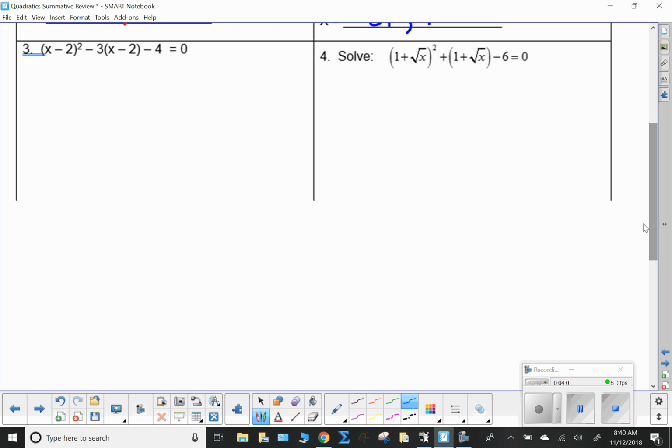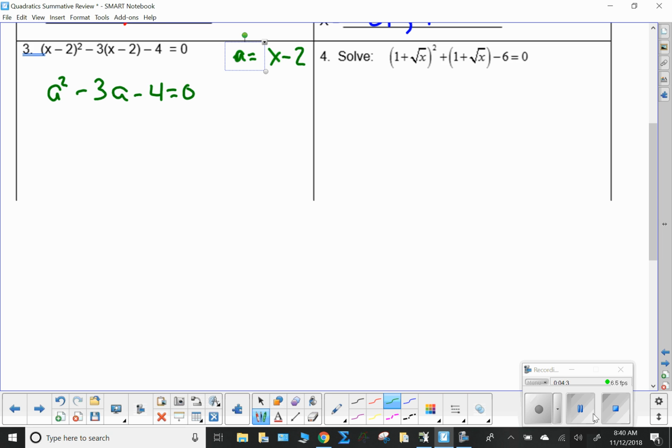Next up, we have the expressions. And these get a little bit crazier. But again, if I just look at these, they look awful. But if I simply say, I'm going to let a equal x minus 2, and I have a squared minus 3a minus 4 is equal to 0.